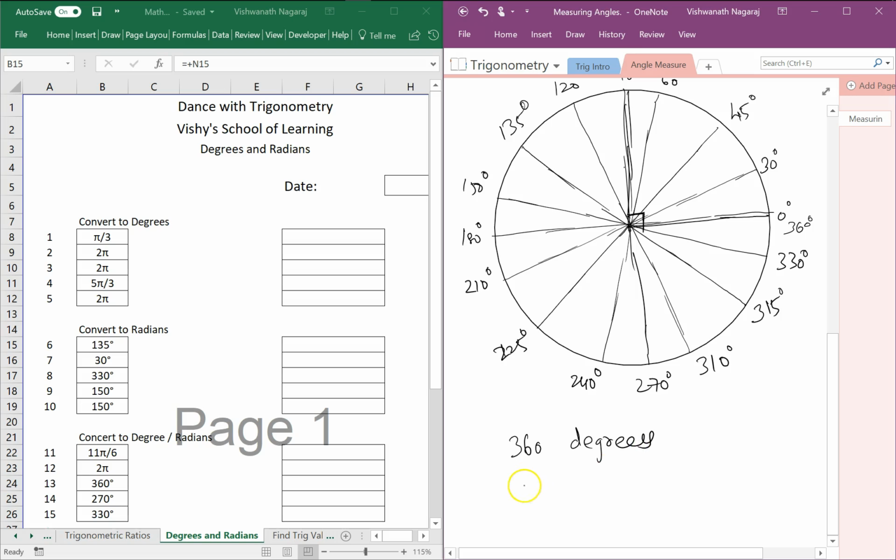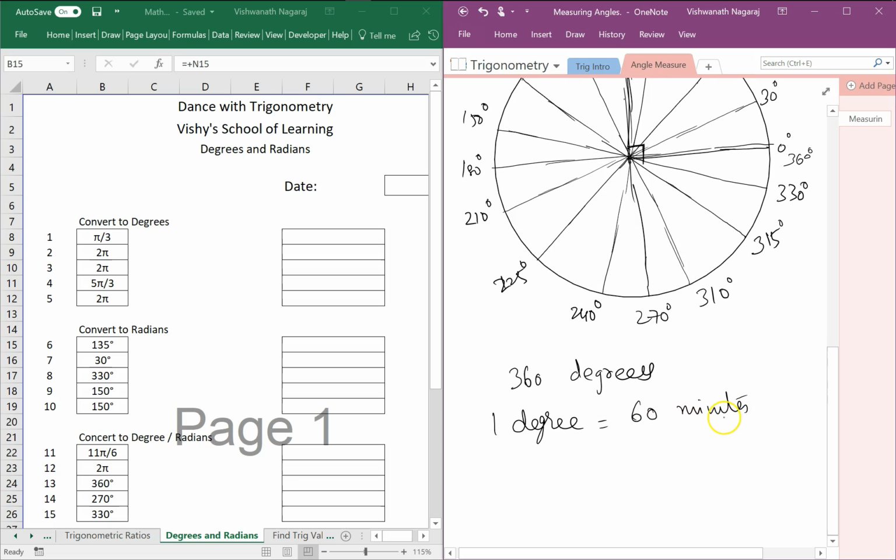Each degree, so 1 degree is equal to 60 minutes. This is not your time minutes, it is a unit of measurement. 1 minute is equal to 60 seconds.